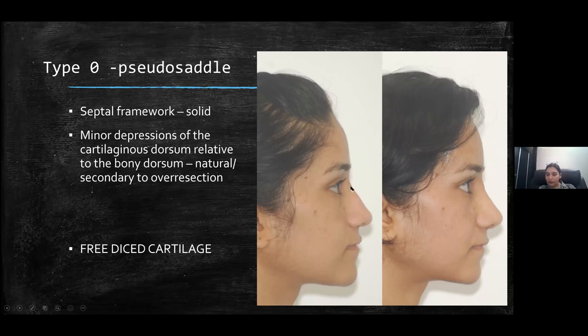When you compare the dorsal height from the starting point of the nose and go down, you might be able to notice a slight depression in the supratip area. These kinds of irregularities can be easily corrected by free diced cartilage, and these can be naturally found irregularities, or can be secondary to a surgery also.